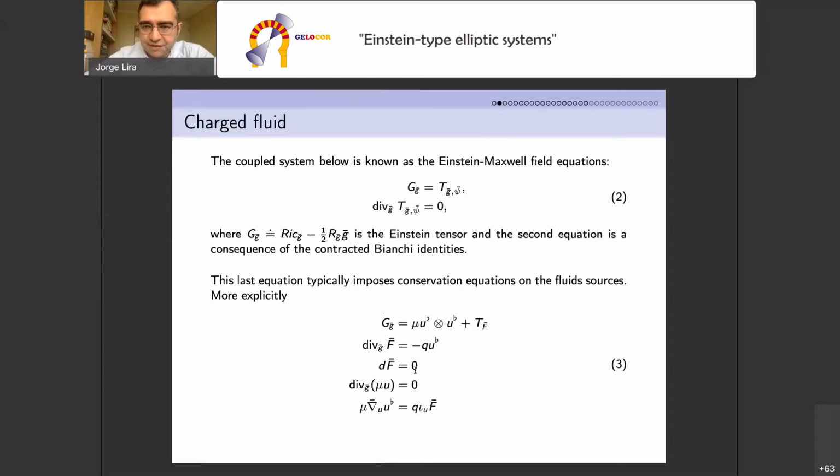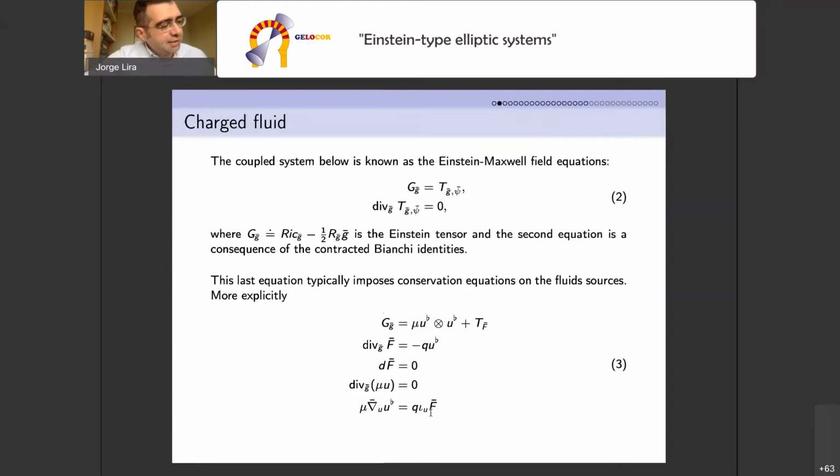The last equation is the equation of motion of particles in this model, in the sense that the accelerations of these world lines are given by the expression of the Lorentz force on the right-hand side. Of course, if you have no charge density, for instance in vacuum, then you recover the fact that the motions are given by geodesics.